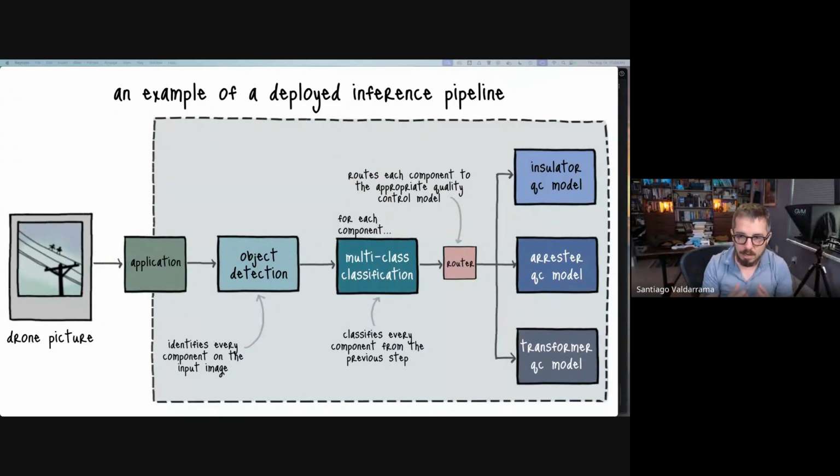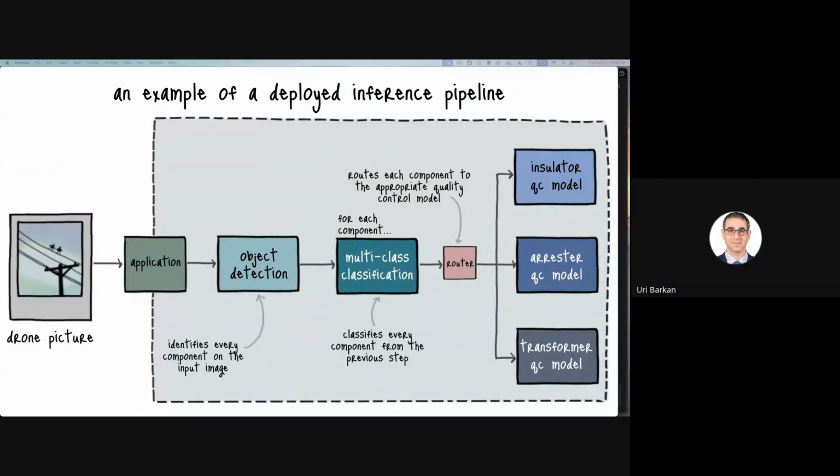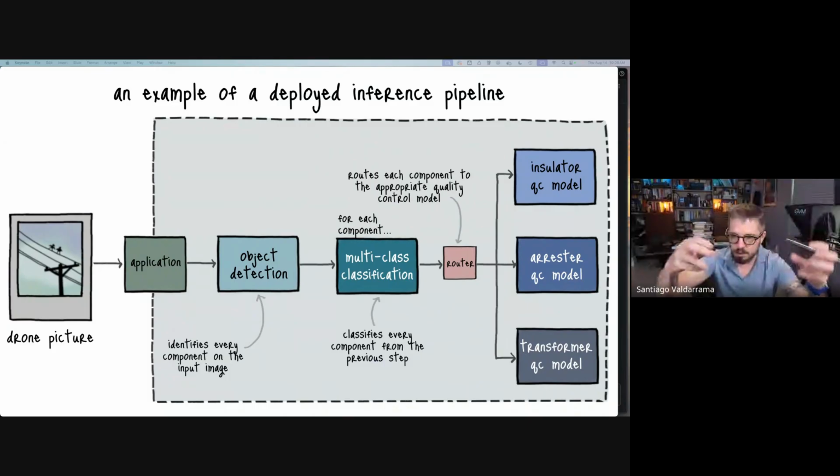This is very common in production because building a single model that's capable of processing a picture and automatically identifying every faulty component is very, very, very hard. Sometimes impossible. So it's much better to break that problem down into smaller, easier to solve problems, and then stitch together all of these models. So far, does that make sense?